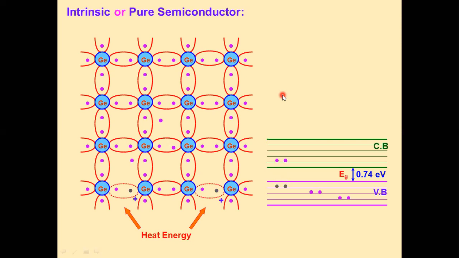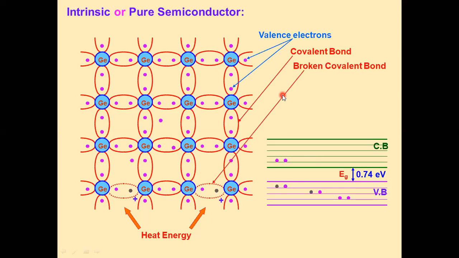In silicon and germanium, there are four valence electrons, so these semiconductors are known as tetravalent elements. See the diagram: one germanium atom bonds with four neighboring germanium atoms by sharing four electrons.